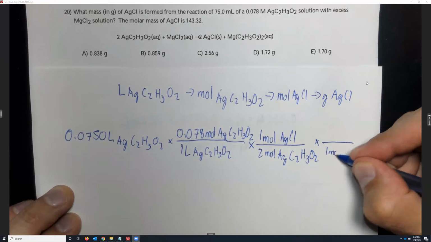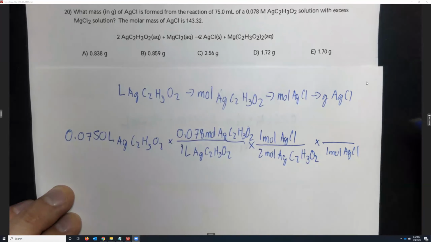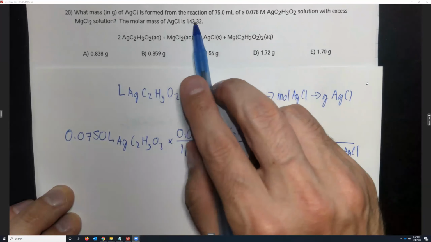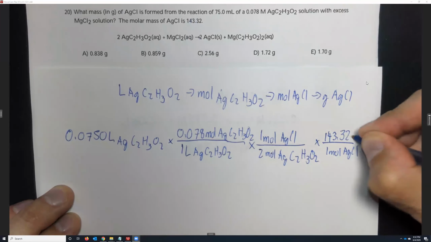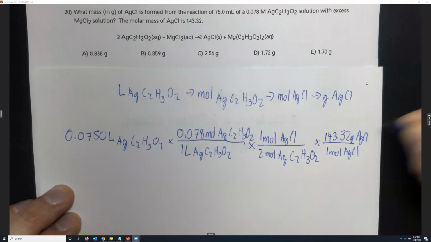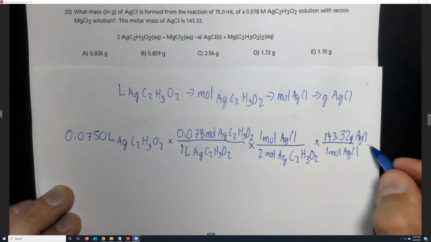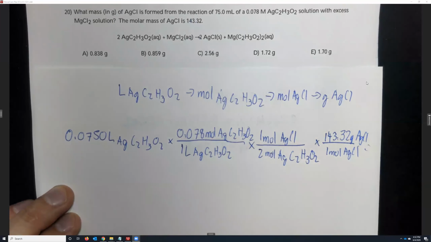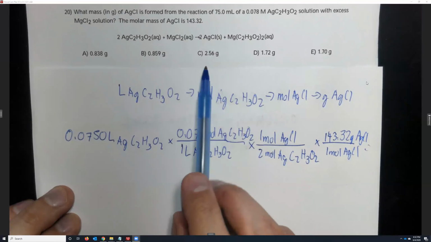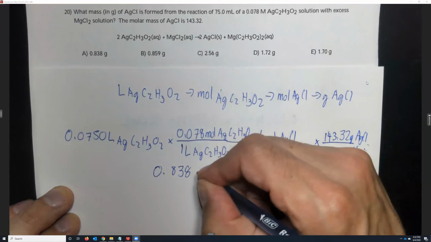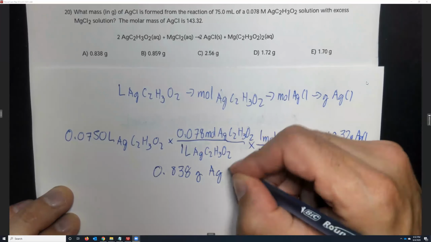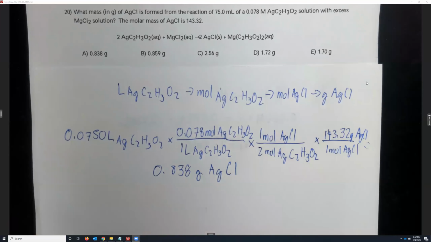So we put the 1 mole of AgCl on the bottom, and the molar mass of the AgCl is here, 143.32 grams of AgCl on the top. And since we're converting to grams, you can't use the C1V1 equals C2V2 anyway. And when we do this, we get 0.838 grams of AgCl, like so.